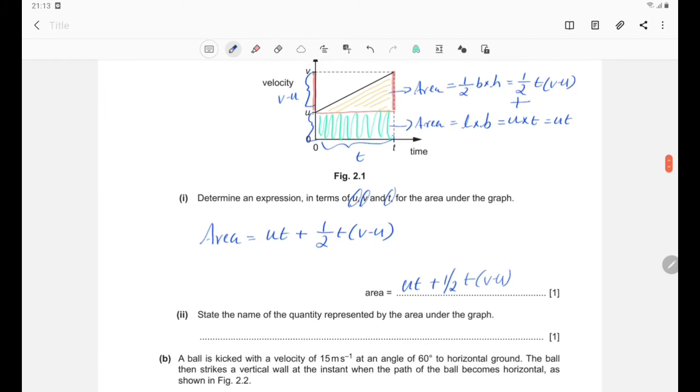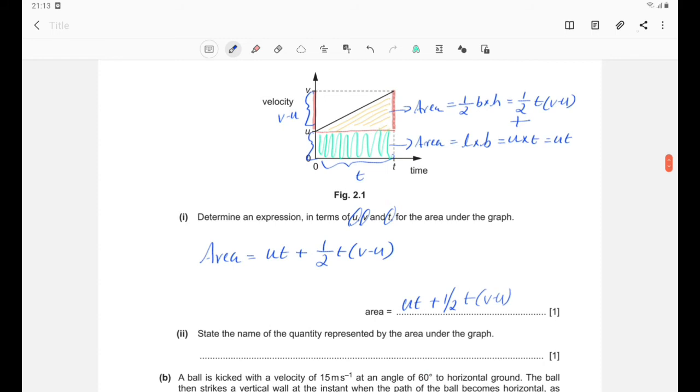And the second part of the same question, that is, state the name of quantity represented by the area under the graph. Look at this graph. This is a velocity time graph. So if you have a velocity time graph, area under the graph will give you the displacement.